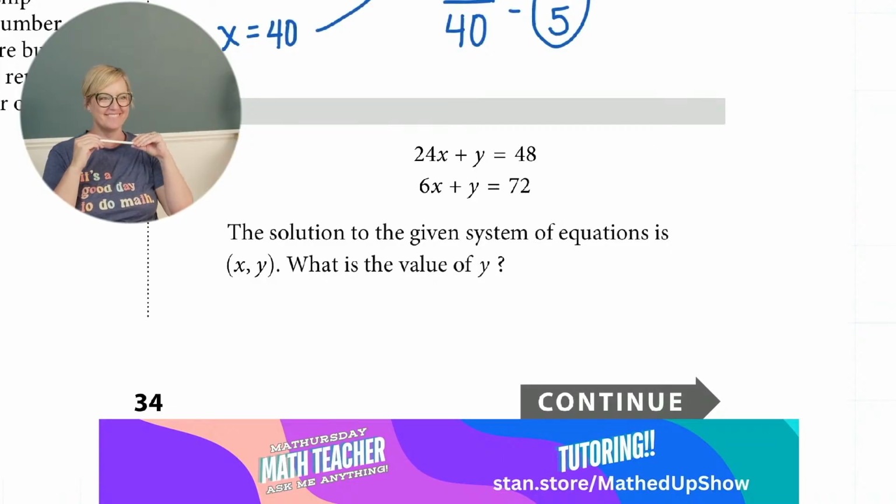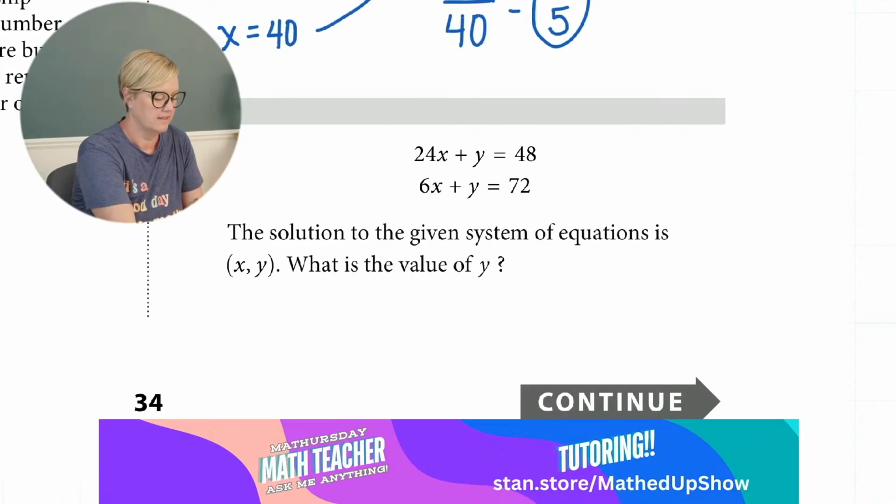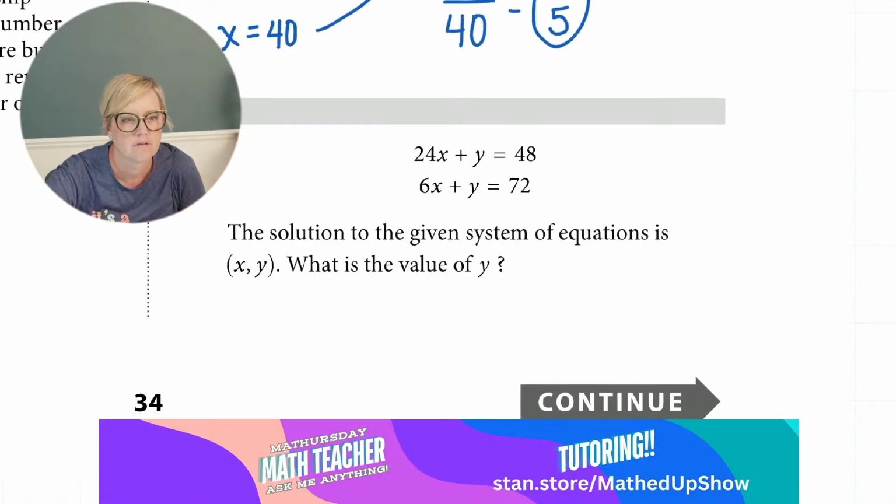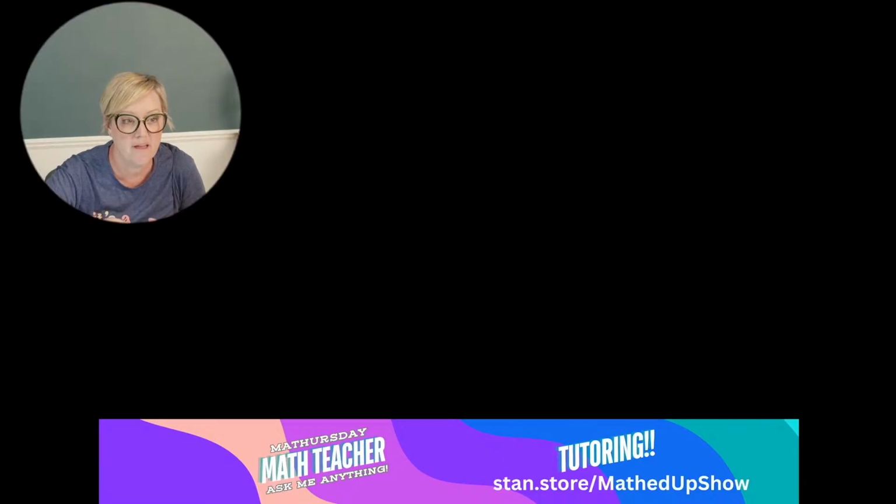Pretty good trick. Nope, there should just be one value for x and one value for y.